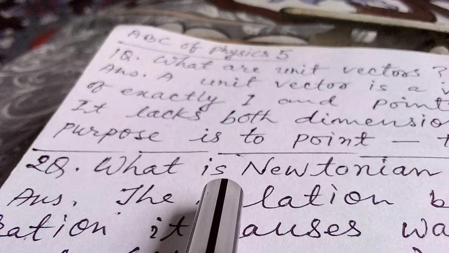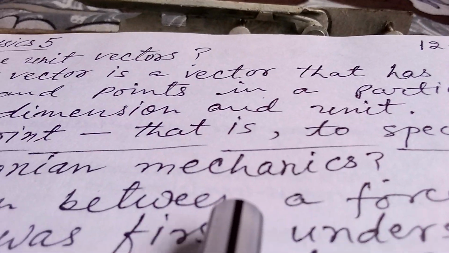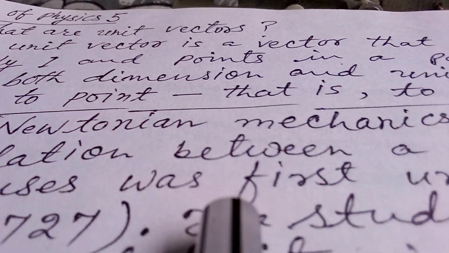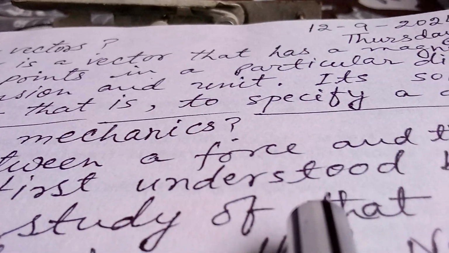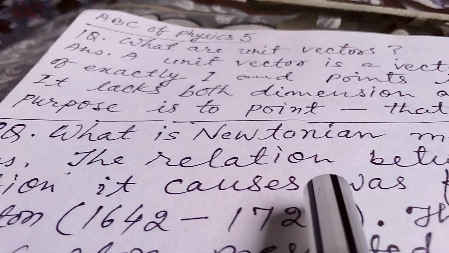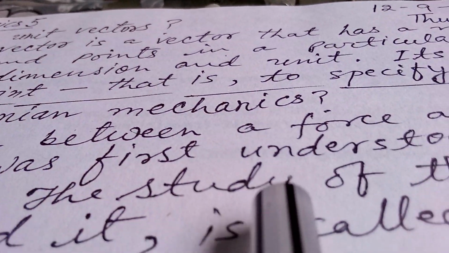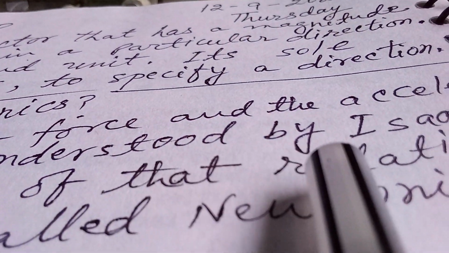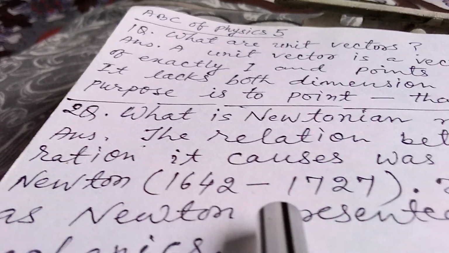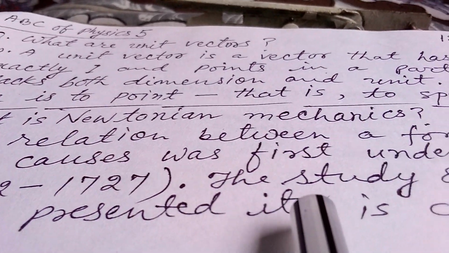Second question is, what is Newtonian mechanics? Answer is, the relation between a force and the acceleration it causes was first understood by Isaac Newton, whose birth was in 1642 and death in 1727.